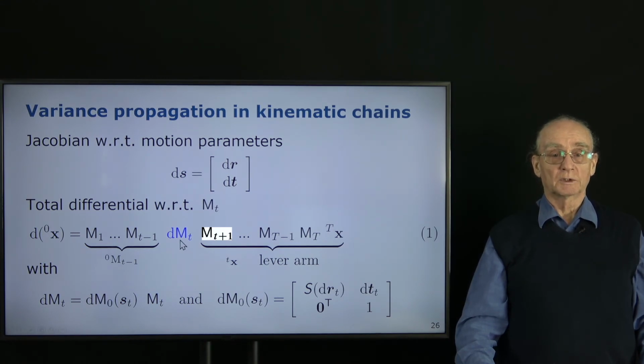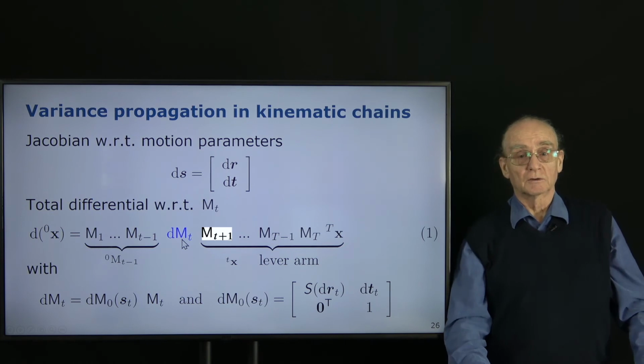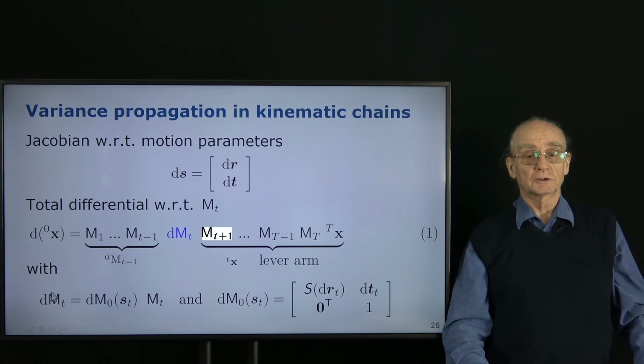Okay. Now, what is dM_t? There we have to go back to our last lecture and look how to differentiate motions. And we remember that the differential of a motion, that means the change of the motion matrix due to the change of the parameters s, is the motion itself multiplied with the differential of the motion at point 0.